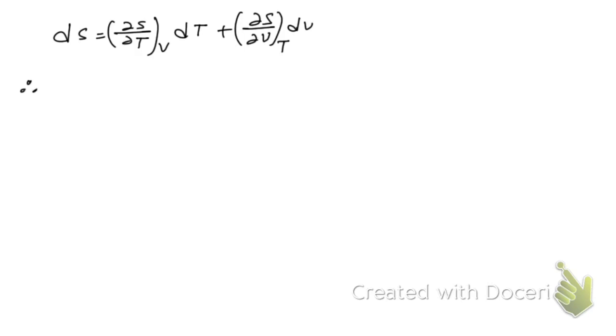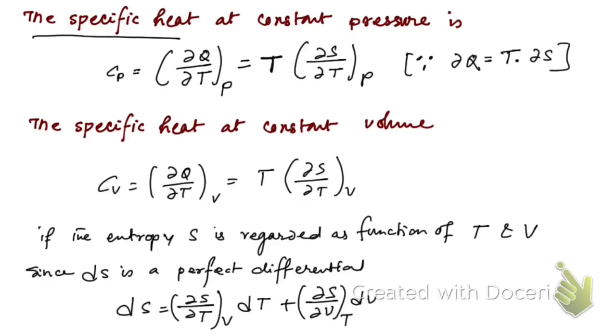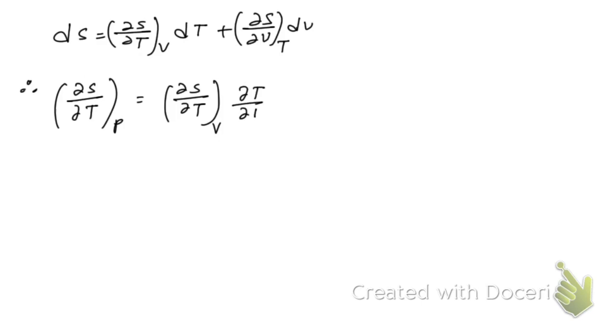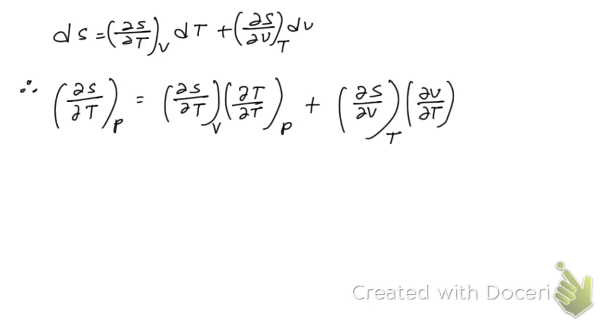Therefore, del S by del T at constant pressure can be written as del S by del T at constant volume, times del T by del T at constant pressure, plus del S by del V, times del V by del T. So this is del S by del V times del V by del T, at constant pressure.